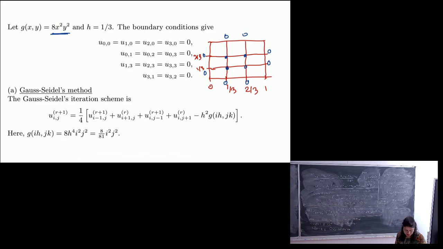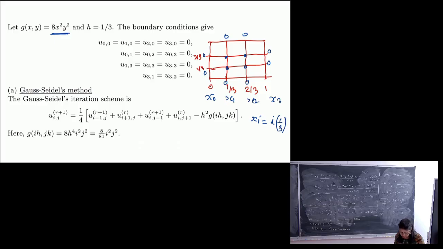So what will be x? Okay, let me write down here. This point is x0, this is x1, this is x2, this is x3. So what is your xi here? The xi point is i times h. What is h? 1 by 3.